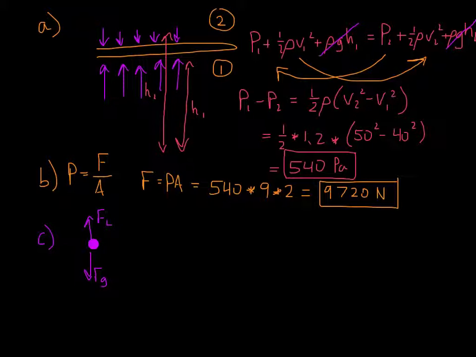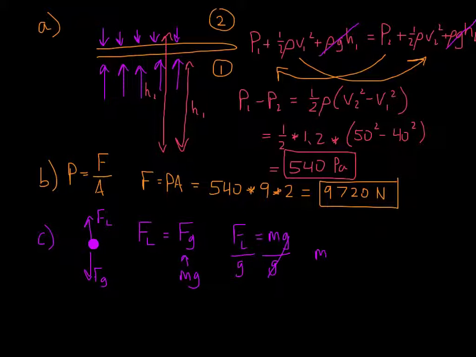So the lift force was the 9720, so when I set them equal, I can just replace the Fg with m times g, so FL equals mg, and then just divide both sides of the equation by g to get the mass.